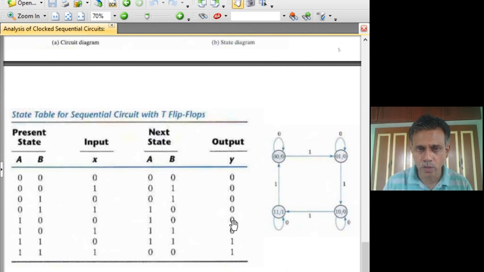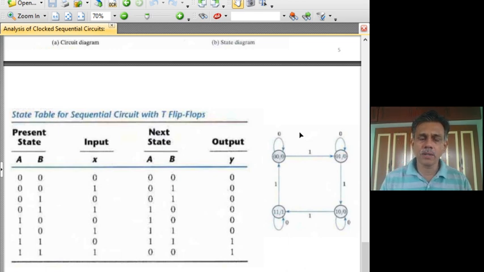This will be zeros, then the next two are zeros, then again 0, and this alone is 1, 1. So the 0, 0 state has an output 0, this is also 0, this is also 0, and only for this 1, 1 state the output is 1, which is mentioned here.